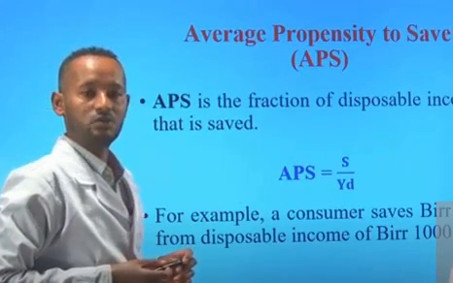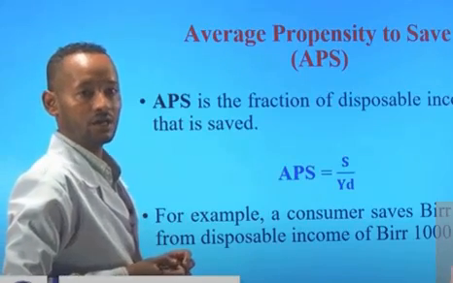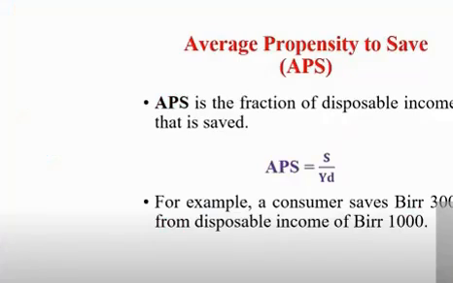The average propensity to save is the fraction of disposable income that is saved. Mathematically, the average propensity to save is calculated by dividing saving by disposable income. For example, a consumer saves birr 300 from disposable income of birr 1000, so saving is 300 birr divided by 1000 birr, and when we cancel the zeros, we are left with 3 over 10. 3 over 10 is 0.3.